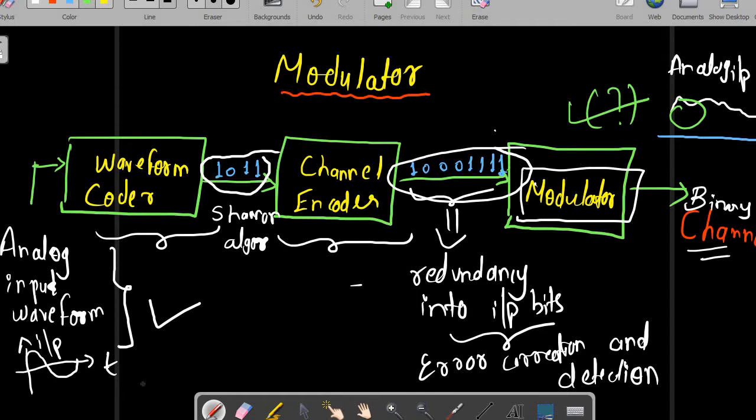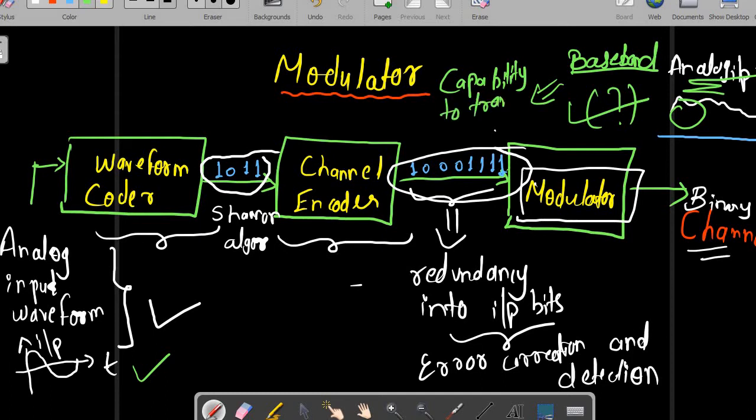Actually, this analog signal and that analog signal are different. This is our baseband analog signal, and we will see the representation of baseband and passband as well. This signal has the capability to travel along the channel, which we will also see in terms of mathematical equations, and the other signal does not have that capability, so it cannot travel through the channel.